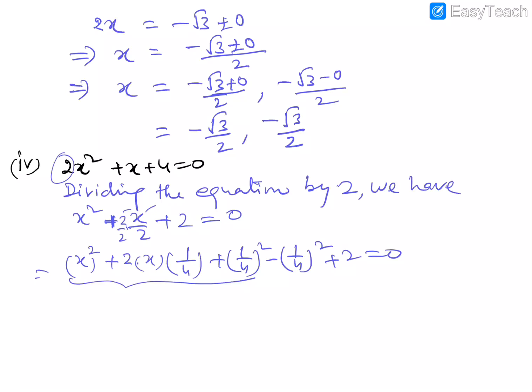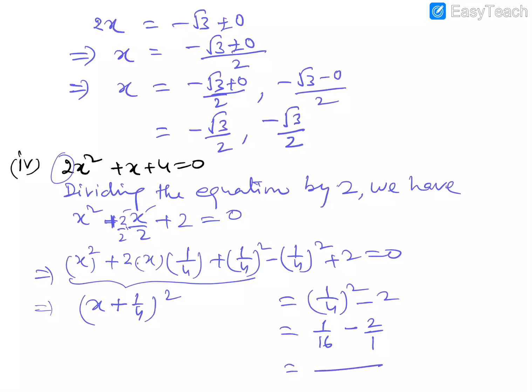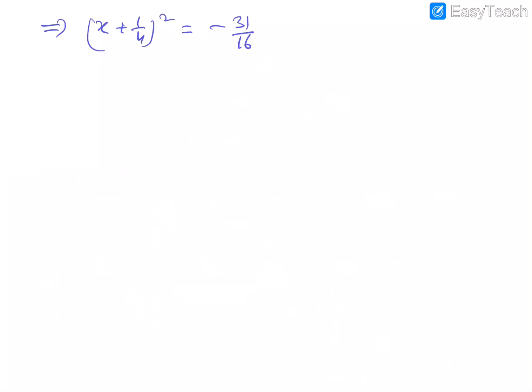These three terms form an identity a plus b whole square, and these two terms will be transferred to the right hand side. 1 upon 16 minus 2 by 1, taking LCM of 16 we get this, minus 31 by 16. This implies that square of a number is negative, which is impossible.